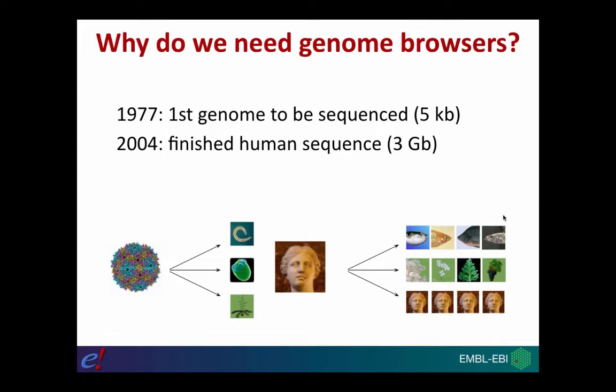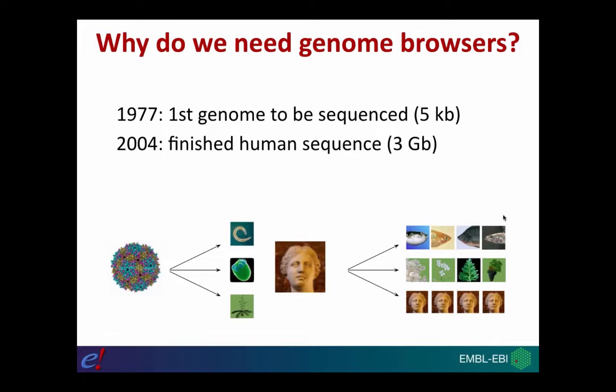So there's a number of global collaborative projects that are aiming to sequence lots of genomes, and one of Ensembl's jobs is to annotate those genomes and make them available to the scientific community through our browser and our databases.